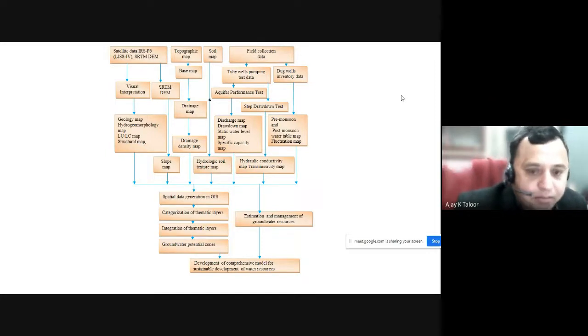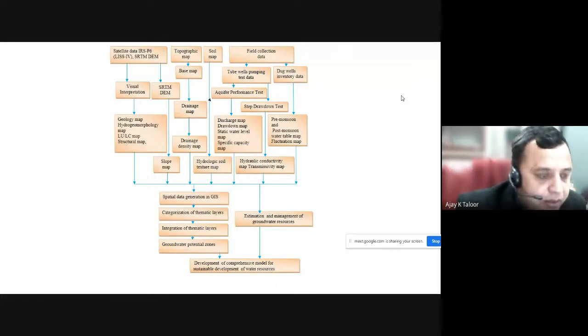These three maps we have prepared in the GIS from the field collection data, and thematic layers have been prepared from the satellite database: the geology map, hydrogeomorphology map, land use land cover map, structural map, soil map, and hydrological texture map. So all these maps we integrate in the GIS.